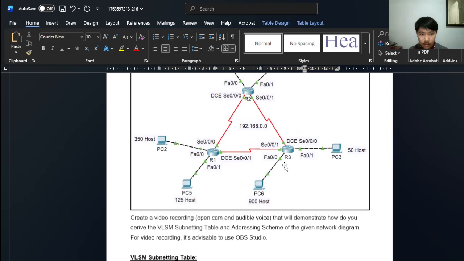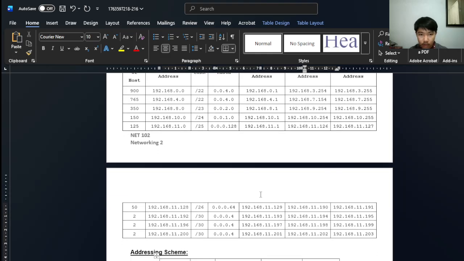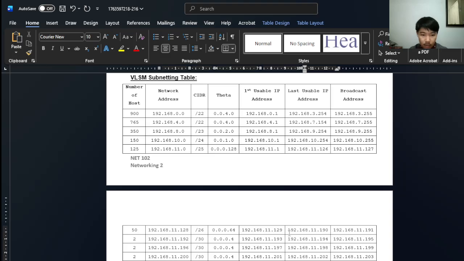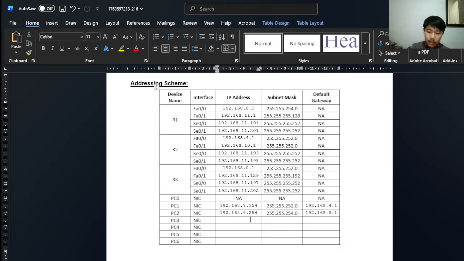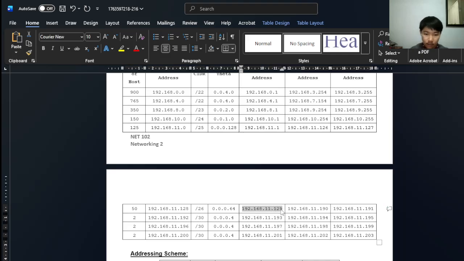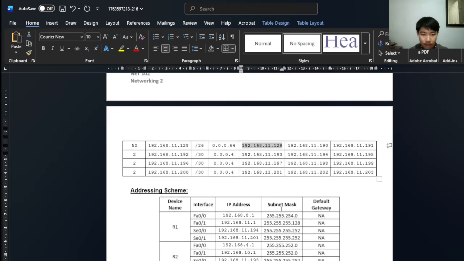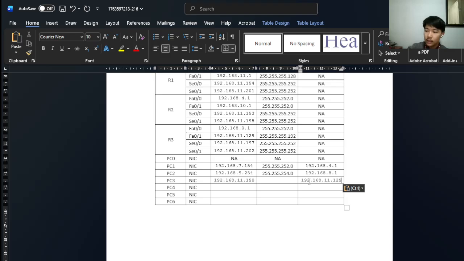PC3 is 50 hosts. Here, the last usable IP address is 192.168.11.190. And then for the default gateway, the first usable IP address is 192.168.11.129.